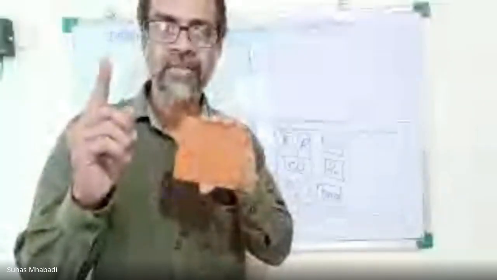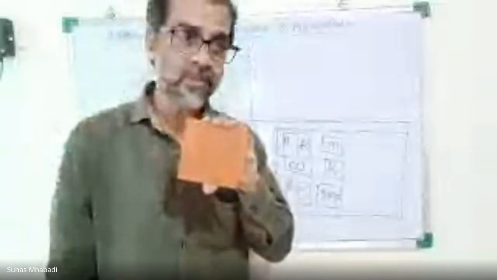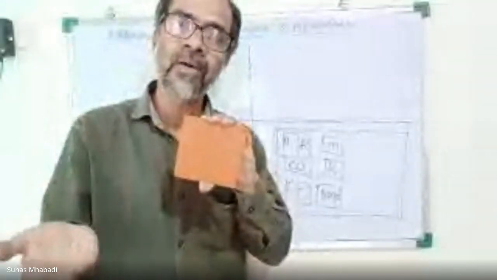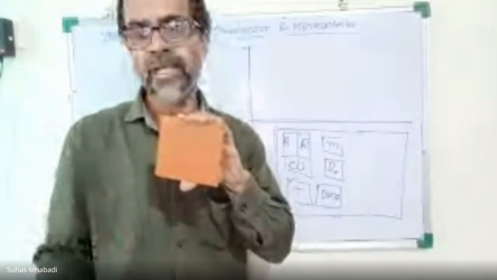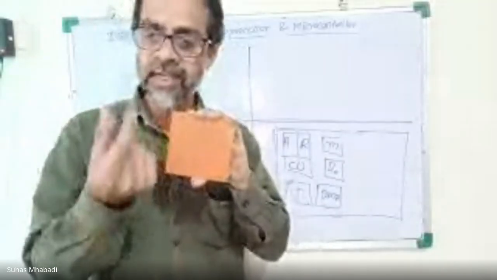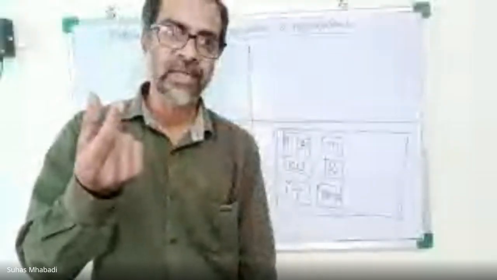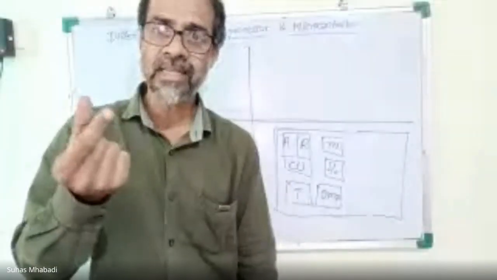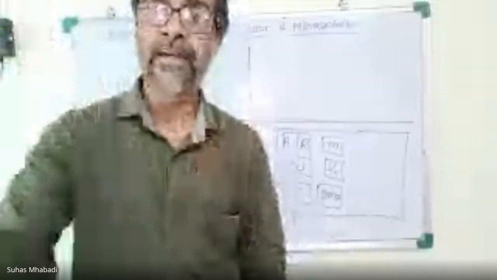Otherwise a single IC called a microprocessor will not do anything. You can write a program, but to execute the program it requires the support of memory. Without memory, it cannot do anything. So what I mean to say is that the single IC called a microprocessor is not a stand-alone device.